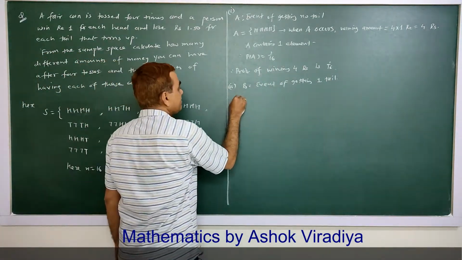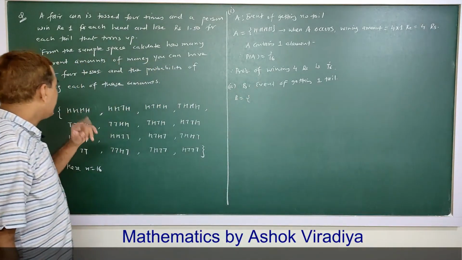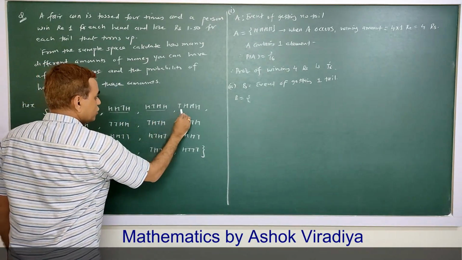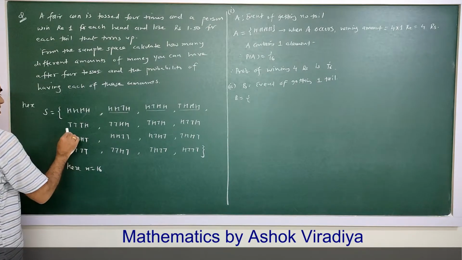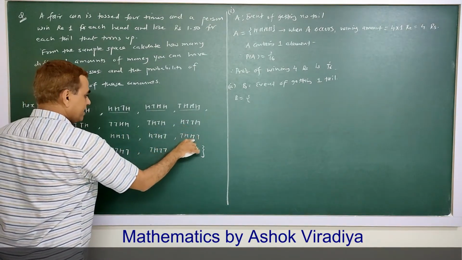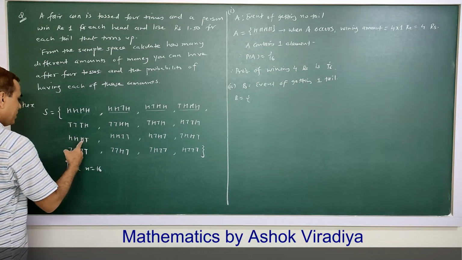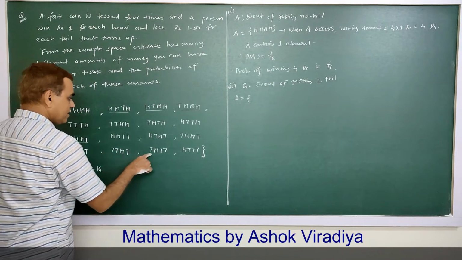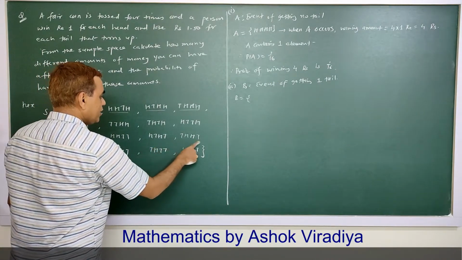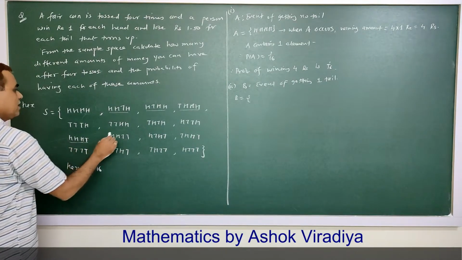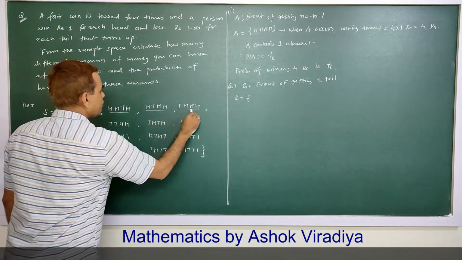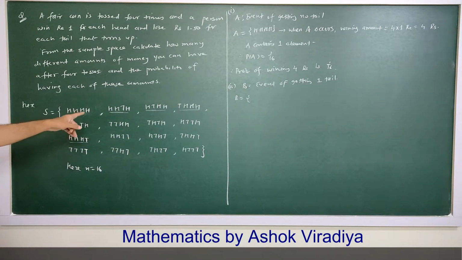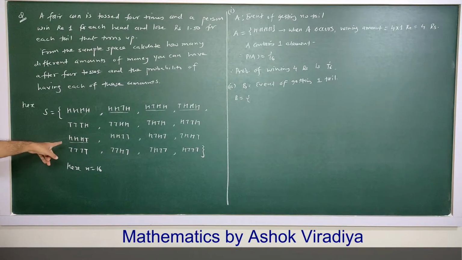So let me put event B. Now 1 tail: the outcomes with one tail are these 4 elements. When this occurs, we get one tail.